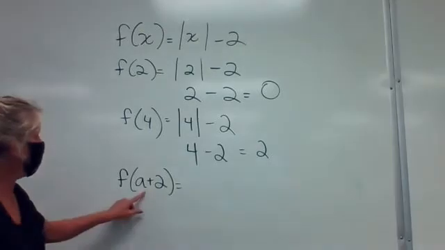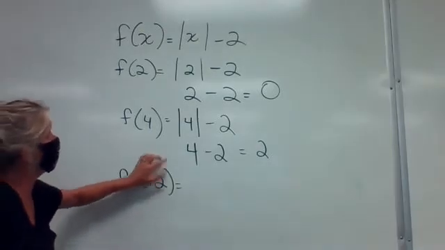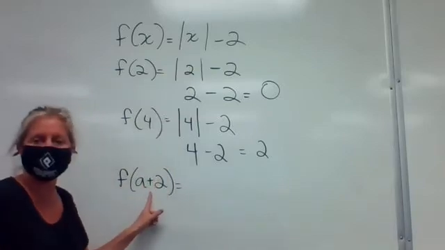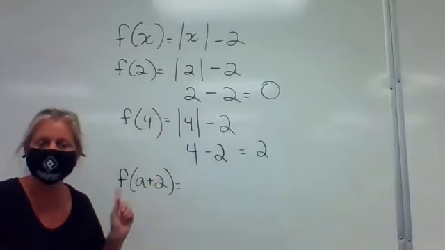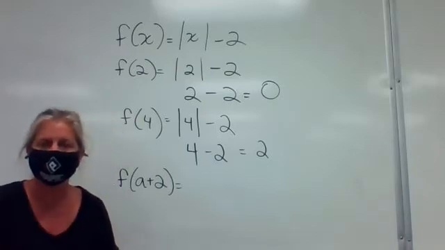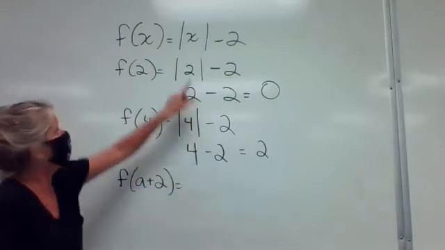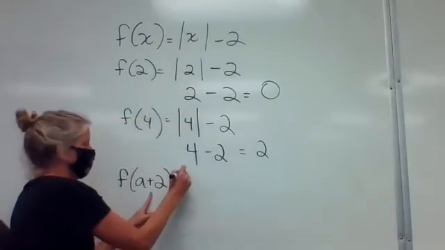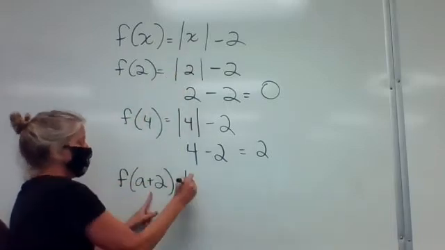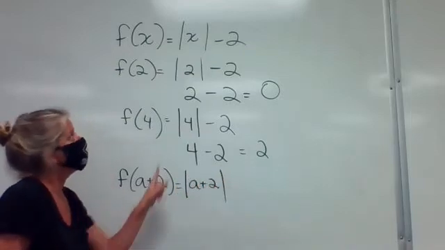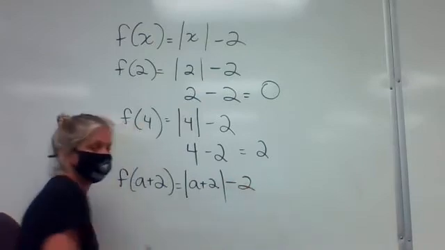So just like always, whatever is in here is what I'm replacing the x with. I don't care if it's the picture of a rainbow. If it's inside those parentheses, that's what you're replacing the x with. So if I'm replacing this x with a plus 2, I'll have absolute value. Instead of x in there, I'm going to have a plus 2 in there. Bring down the minus 2.